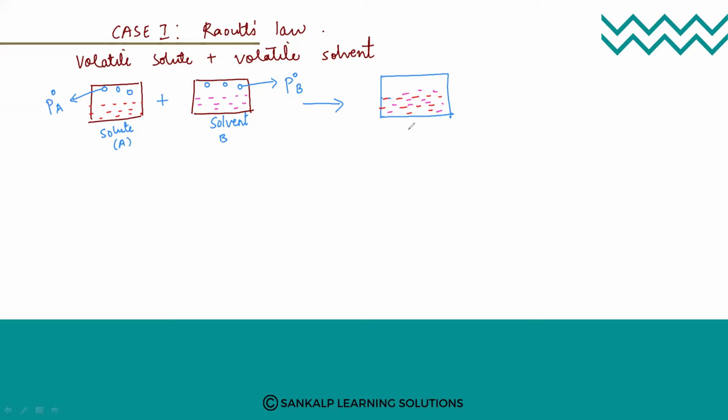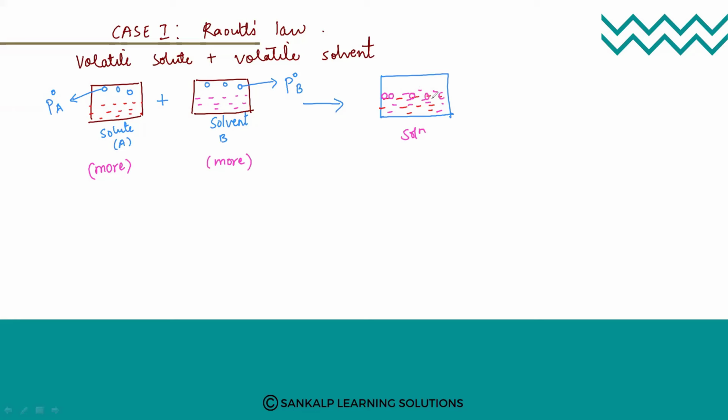Now, when the solution is formed, what will happen? As you know, in pure form the vapors formed will be more, right? In the solute the vapors formed will be more, and in the solvent also the vapors formed will be more. Now, in case of solution, both your solute and your solvent are present at the surface.